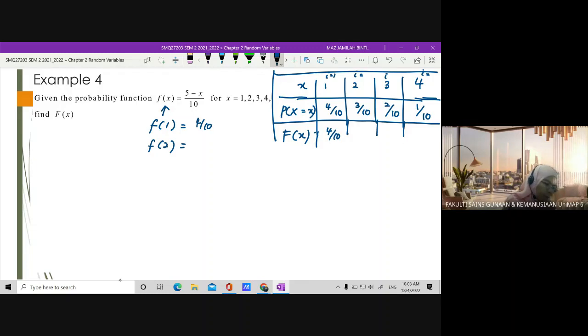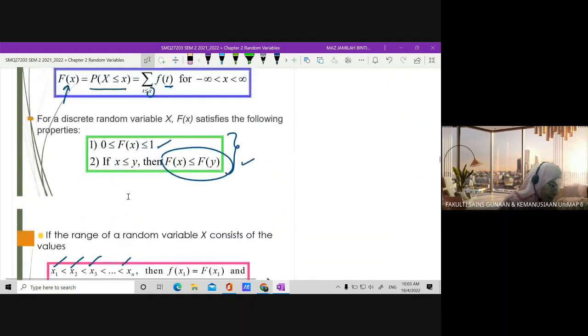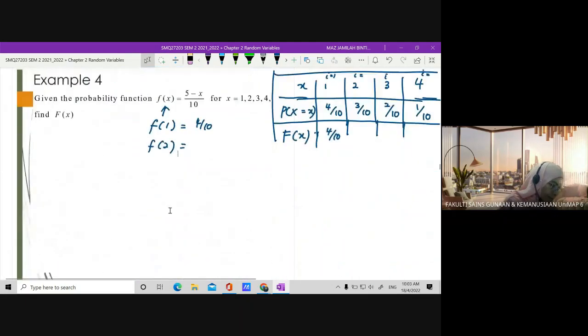Okay, now for i is equal to 2, this will be what? Sorry, this will be F1 plus F2. Let me rewrite this first.